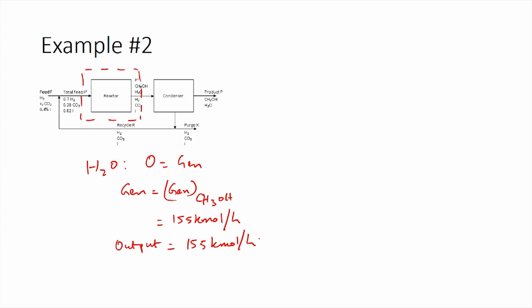So, we can calculate the other things also. Hydrogen is consumed at 3 times the amount of methanol which is being produced. So, we know 465 kilomoles per hour was being consumed from our earlier calculations. The equation, input minus output plus generation minus consumption equals accumulation, then becomes input minus output minus consumption equals 0, because generation and accumulation get cancelled.